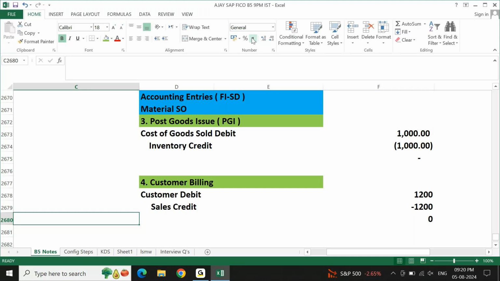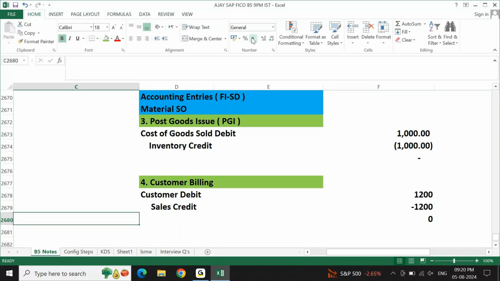Because when you're making a sale, you are expecting a profit. Profit is nothing but a difference between COGS and sale. If you remember your basic accounting fundamentals, gross profit is equal to sales minus cost of goods sold, or sales minus purchases minus direct expenses. Purchase value plus direct expense value together is called COGS, or cost of goods sold.